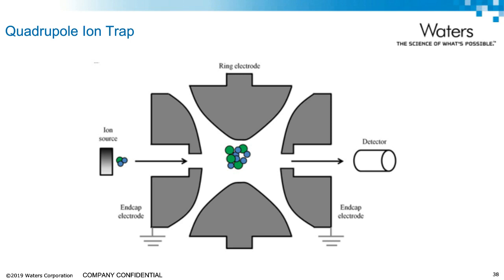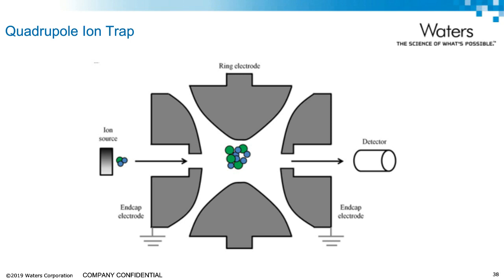The ions enter into the trap through the inlet and are trapped through action of the three hyperbolic electrodes, the ring electrode, and the entrance and exit end cap electrodes. Various voltages are applied to these electrodes, which results in the formation of a cavity in which the ions are trapped.